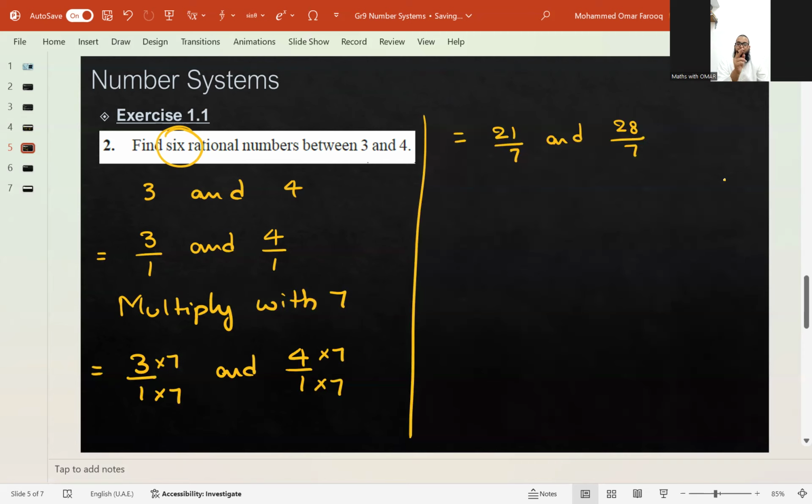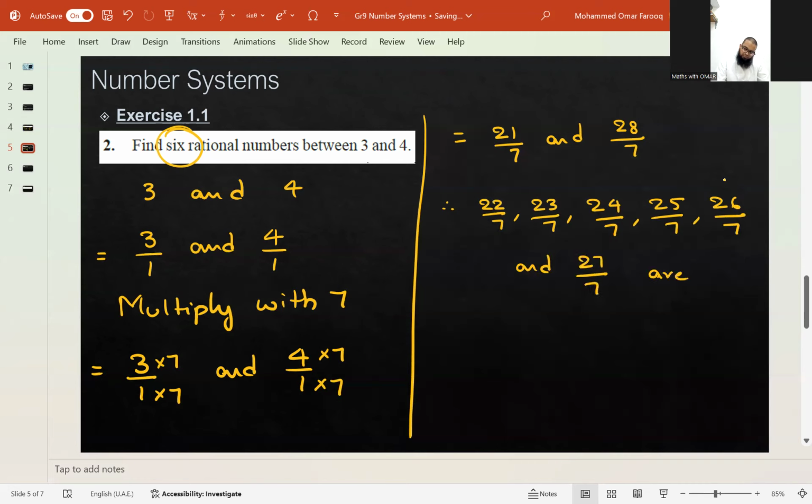Can you find out what are the numbers in between the numerators? So therefore, what are the numbers? 22 by 7, 23 by 7, 24 by 7, 25 by 7, 26 by 7, and 27 by 7 are six rational numbers between 3 and 4.